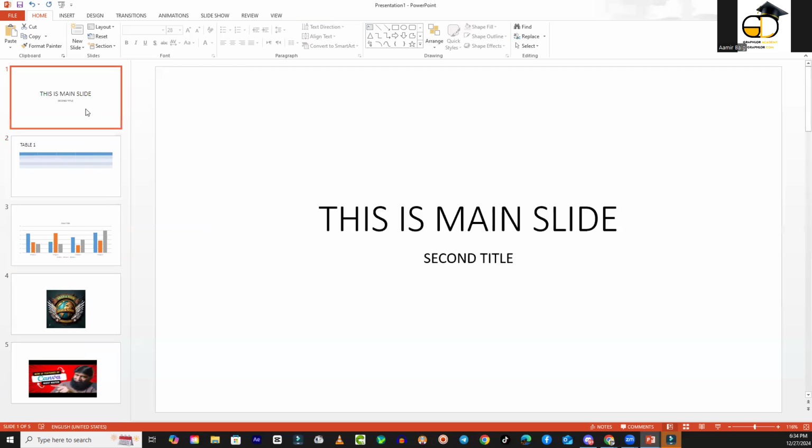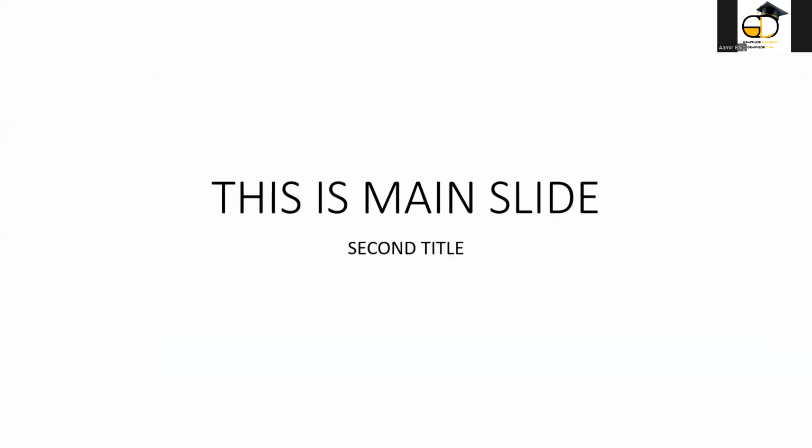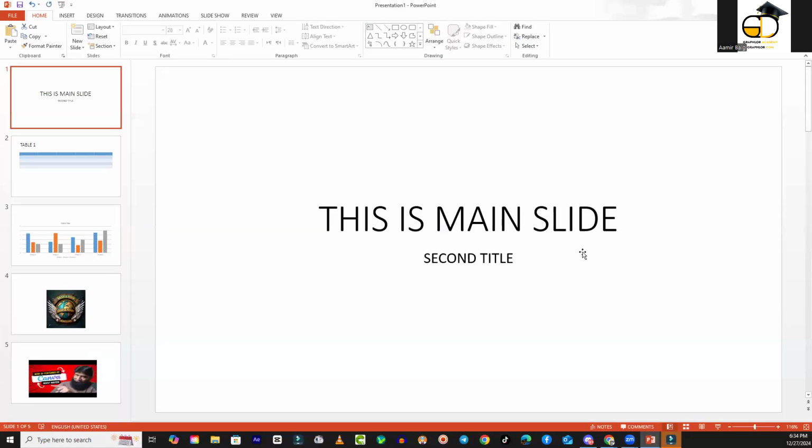And from this slide, click on slideshow, or click F5. From the keyboard, there is a series of buttons, F1, F2, F3. Do you remember the renaming shortcut? F2. Yeah, F2. In the same line, there is the F5 key.